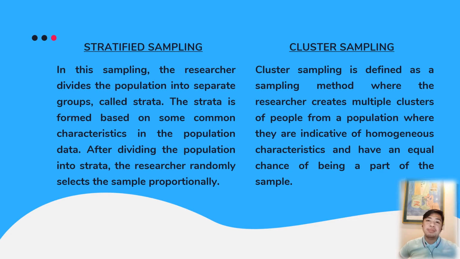Kaya siya dapat proportional. Okay? Stratified sampling ang tawag doon. So, we divide the population into different groups. These groups can have common characteristics, and once you divide them into groups or strata, that's the time we select random samples proportionally.